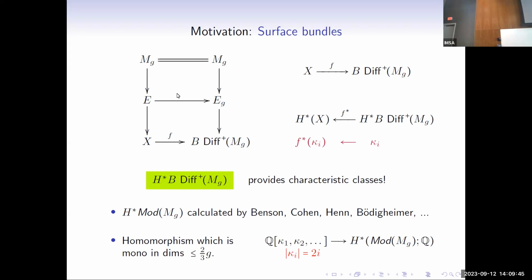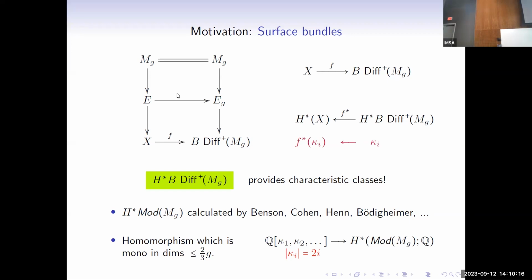And whenever we have cohomology classes in the classifying space and a classifying map f, then we get corresponding classes on the base X, right? So this is the cohomology of the classifying space in the case of characteristic classes in this way. All right. So that's one of the reasons the cohomology is interesting.